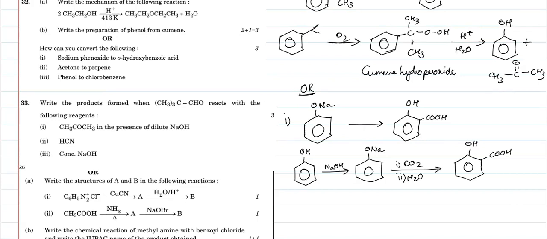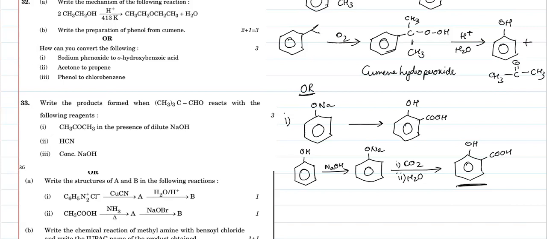So again, this is the direct reaction, but you would have had to think about the fact that it's the second part of the Kolbe's reaction. Also, this compound that we've gotten over here is called salicylic acid.